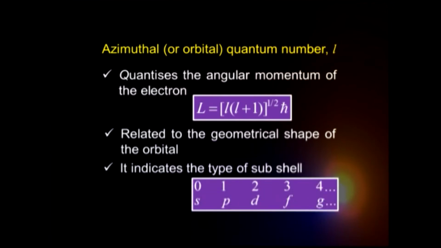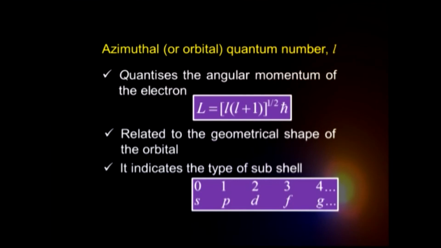L equal to 1, we get p orbitals of a dumbbell kind of shape, and so on and so forth. In addition, the angular momentum has a value of square root of L into L plus 1, times h cross. That means the angular momentum is in terms of h cross, which is called the action constant or the unit of angular momentum. So it is quantized here.